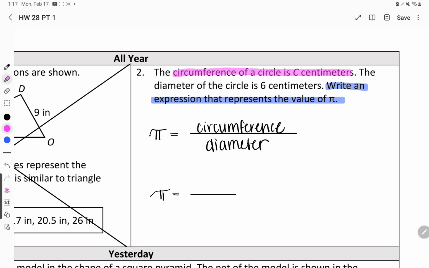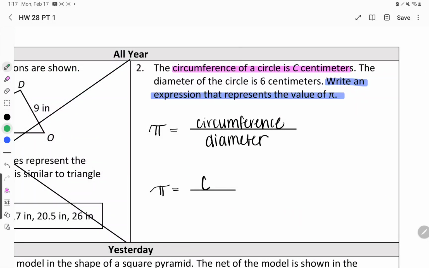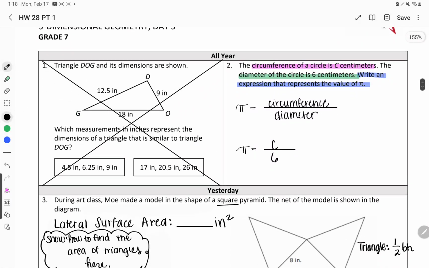It says our circumference is c. So what goes on the top? C. The bottom one says, so then we need to have our diameter. It says that the diameter of the circle is what? The diameter is 6. So what would we put on the bottom? 6. So you should have that pi equals c over 6.